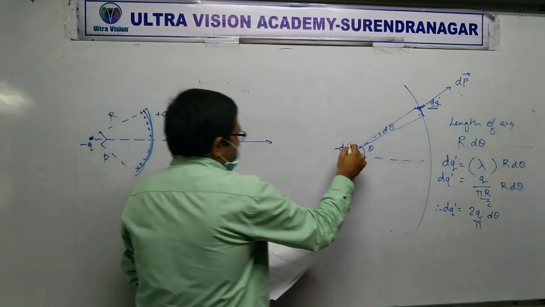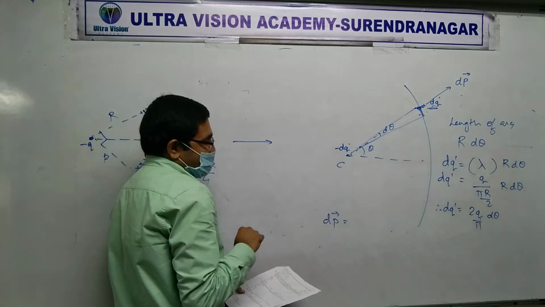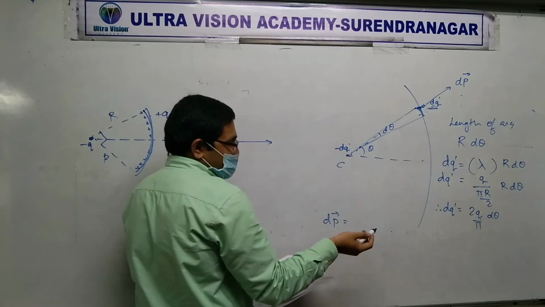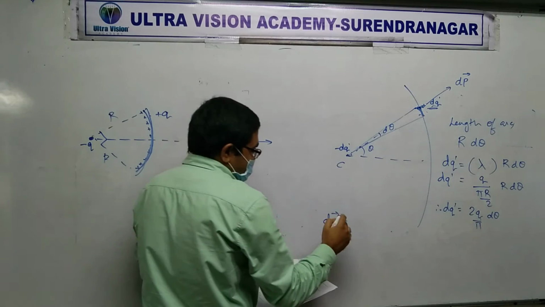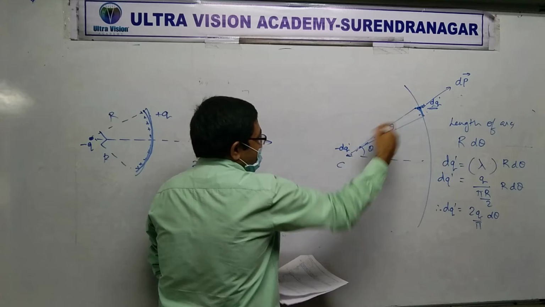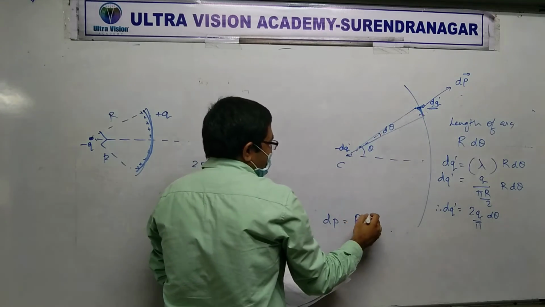Now what do we find? The small dipole moment dp. The formula is 2a into q, where 2a is the distance between this and this, into dq dash.